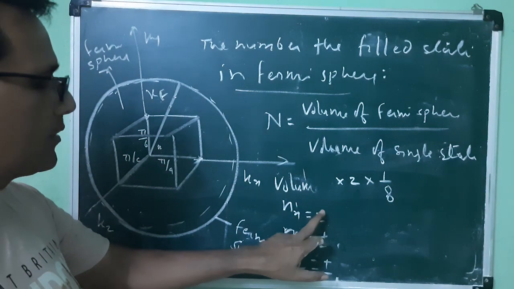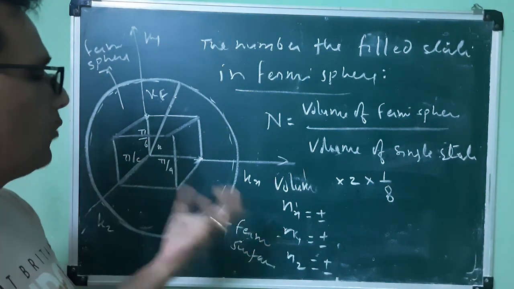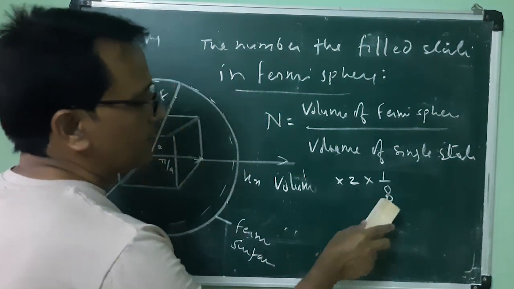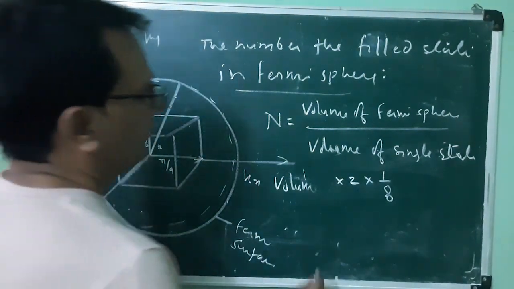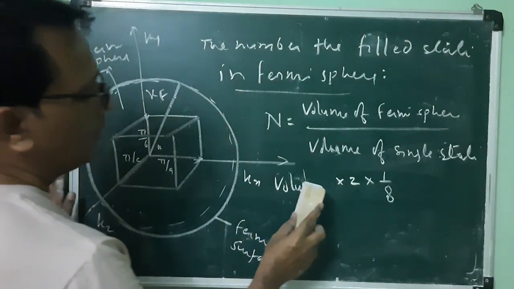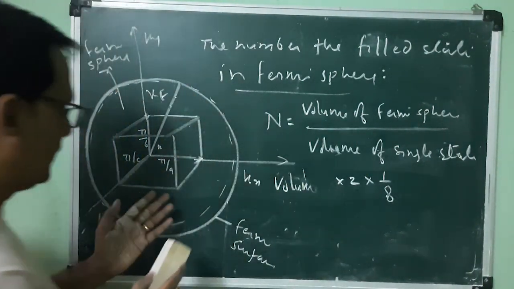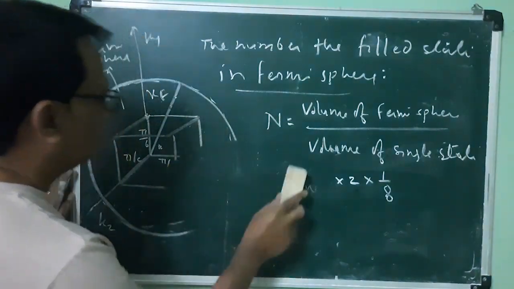Since we are just considering the positive part, one octant is used. That's why we are using this 1 upon 8 term here. So let us put in the value of this 2 and try to calculate some more.